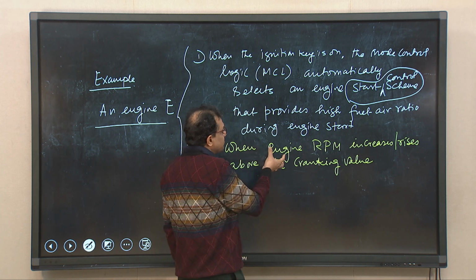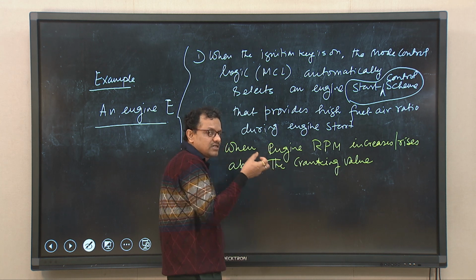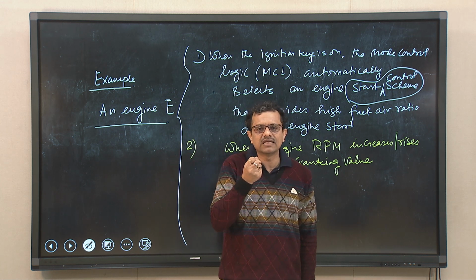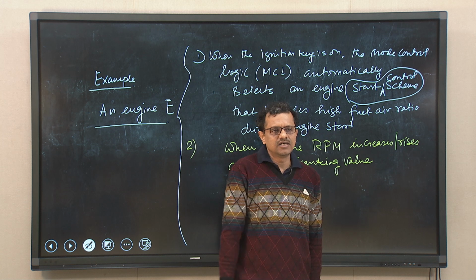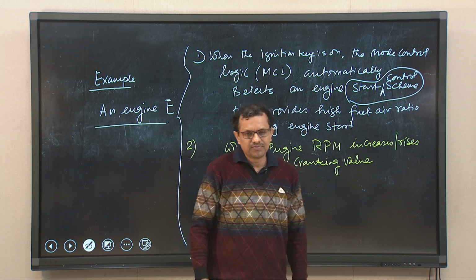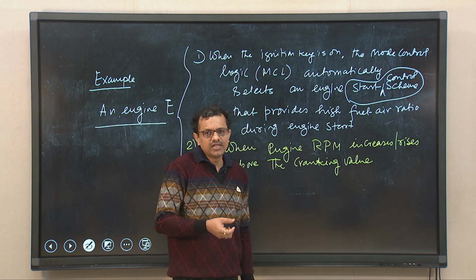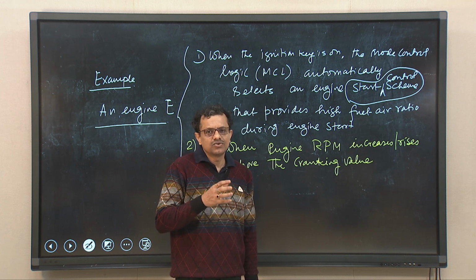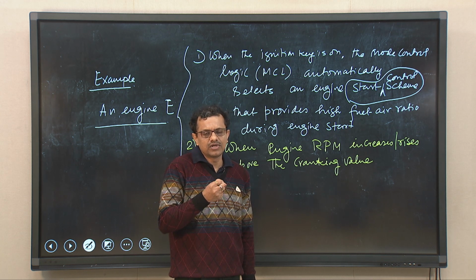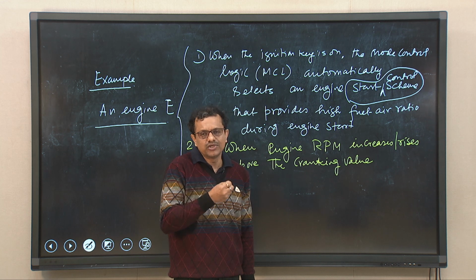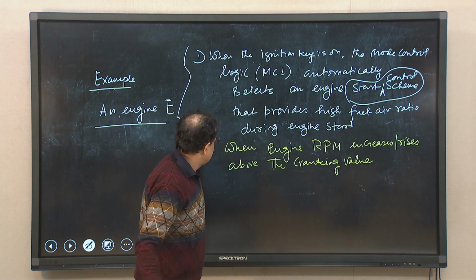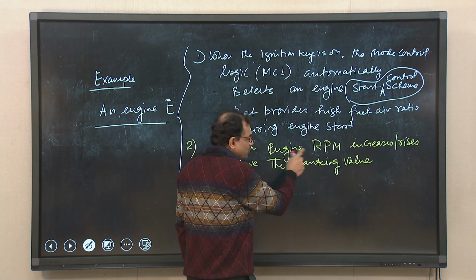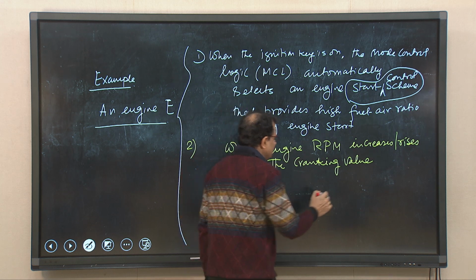Then when engine RPM rises, essentially we are trying to extract more load from the engine. If it is say a 4-wheeler or 2-wheeler, when the engine starts, the driver will drive the vehicle. So, essentially the engine needs to produce more power, then RPM will increase above the cranking value.